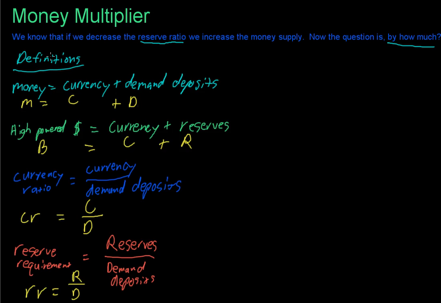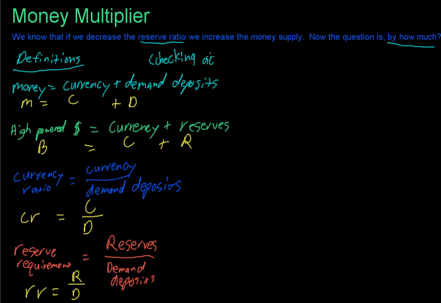So in the interest of time, I wrote out some definitions here, and they're written out in English and then in algebraic symbols. So I'm just going to read through them and make sure that we're on the same page. So money in this model is equal to currency plus demand deposits. Demand deposits are really checking accounts. That's just what econ calls a checking account.